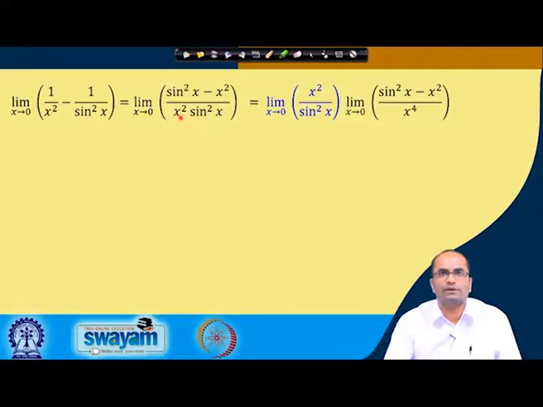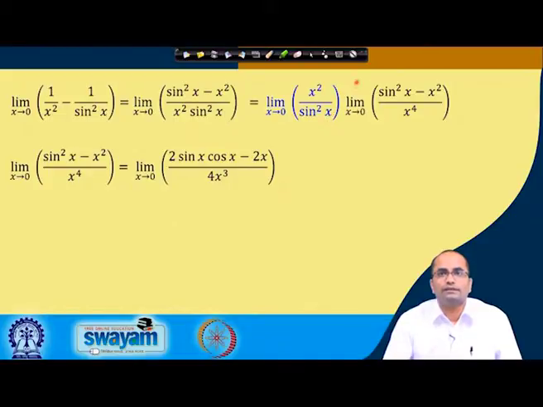There was x square already and 1 we have divided, so we have x power 4. So, this limit sin square x minus x square divided by x square sin square x, we have rewritten in this form: the limit of 1 over x square sin square x and the limit of sin square x minus x square over x 4.